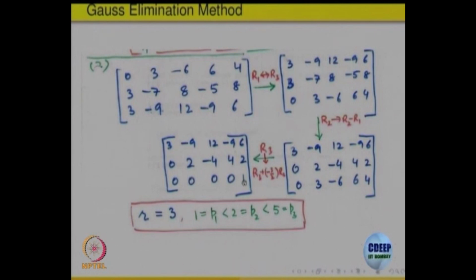So, P1, P2, P3, okay. P1 at the first column, P2 at the second column, P3 at the last column. Okay. These non-zero entries normally are called pivots, P-I-V-O-T-S, pivots, right.